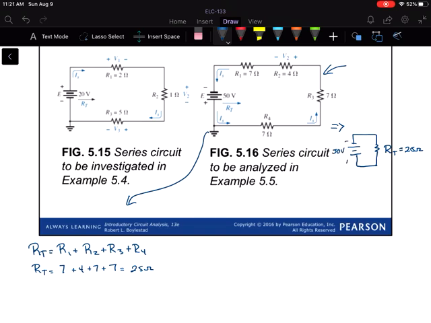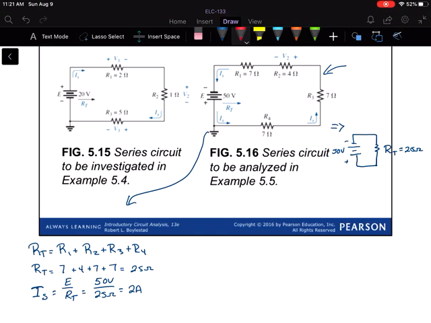So it's important that we know what resistance is seen here at the terminals of our voltage source, because that will allow us to use Ohm's law to find our source current. So E in this case is our 50 volt source, we have 25 ohms of resistance. So we must have 2 amps of current coming from the source.